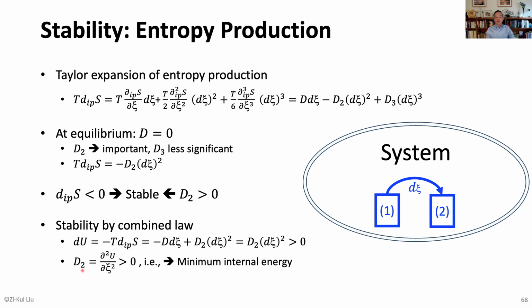So d2 is the second derivative of U with respect to xi squared. That means when the system is at equilibrium with constant S, V and Ni, the internal energy is at the minimum. So that's what we call the minimization of the internal energy at equilibrium.